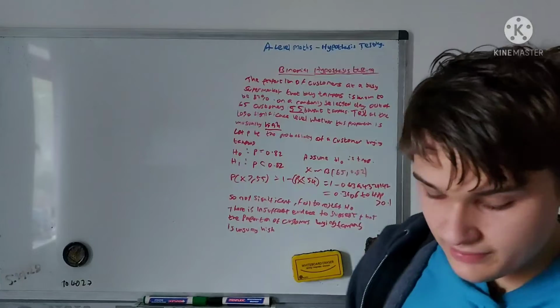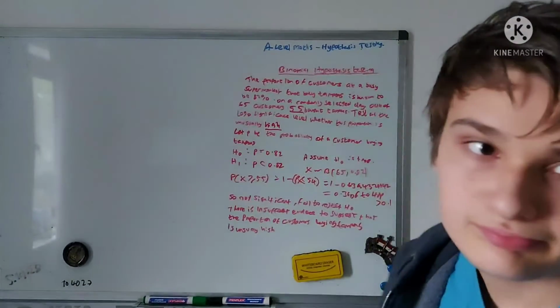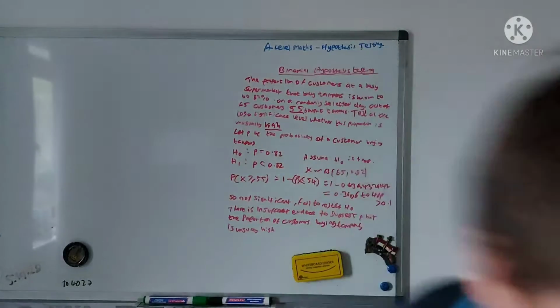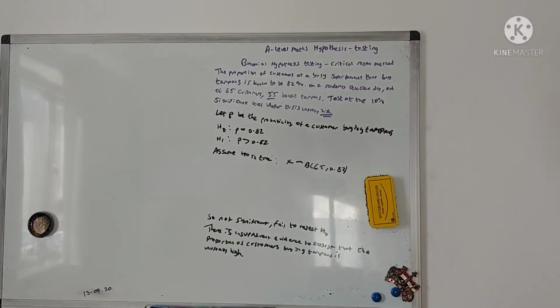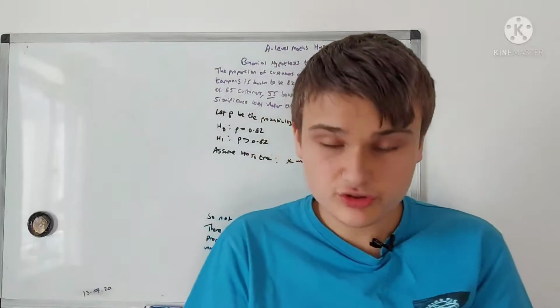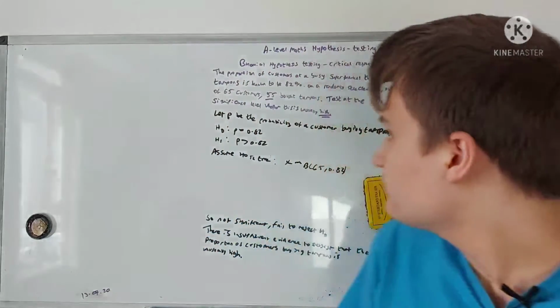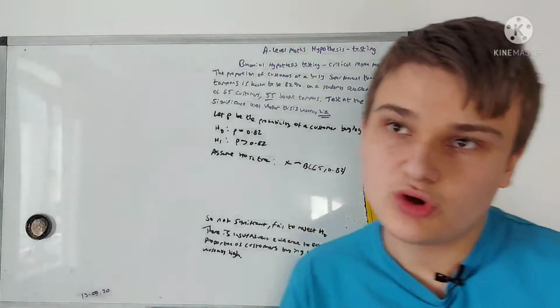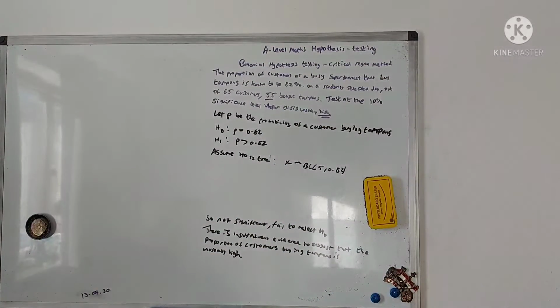Now we're going to look at the same problem, but we're going to use the critical region method. The critical region method is one we've seen just before. I'll just get my calculator real quick because we're going to need it.